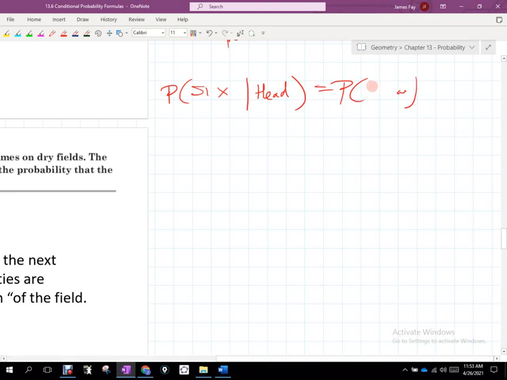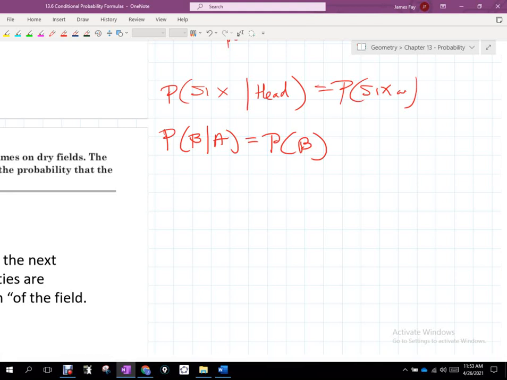No. Okay? So when my events are independent, that should be true right there, which generically says the probability of B, given that A has already occurred, if that is simply just the probability of B, then what that meant was that A had no bearing on B. A and B were completely separate events.